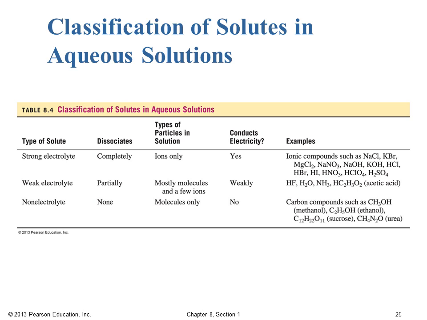And so this is just a nice table that summarizes the differences between these different types of solutes. And so a strong electrolyte completely dissociates, weak electrolyte partially dissociates, non-electrolyte does not dissociate at all. So in a strong electrolyte, we'll have ions. Weak electrolyte, we have ions and molecules.